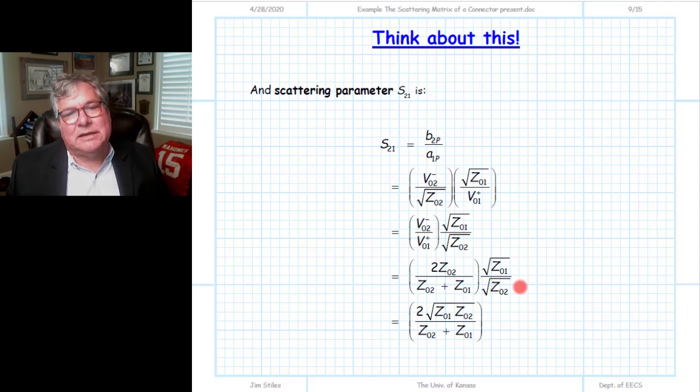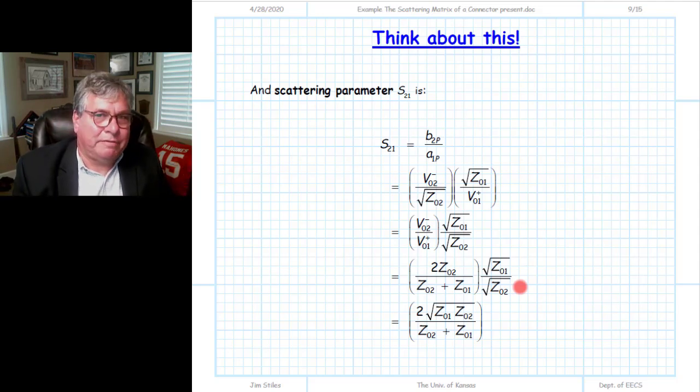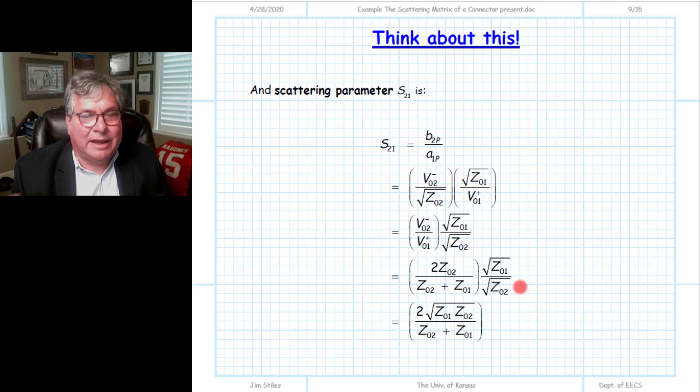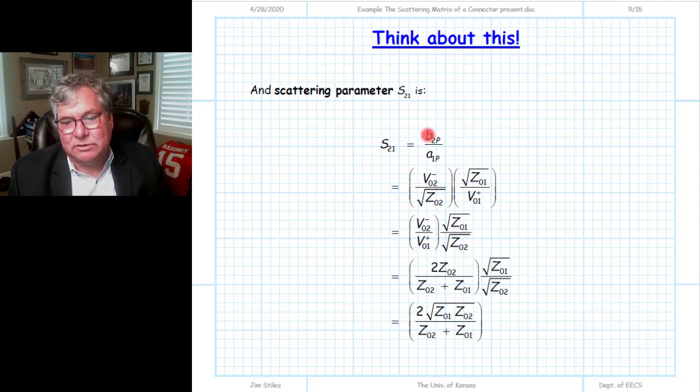But I found students have a hard time recognizing that generalized case and switching to this other definition. I found it's easier just to always use the general definition for the scattering parameter, and in the case where the characteristic impedances are the same at each port, you simply cancel out those square roots of characteristic impedance. But in cases like this, they clearly don't cancel out, and students are able to get the correct answer more frequently.